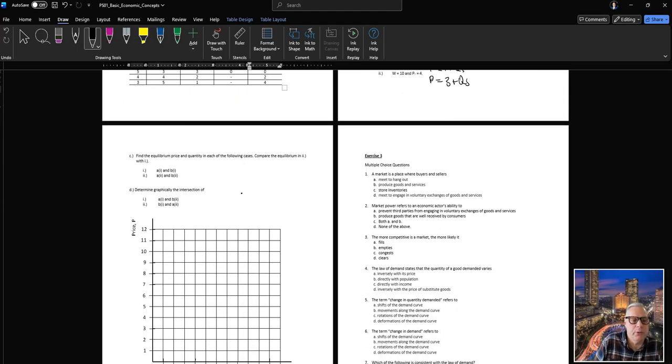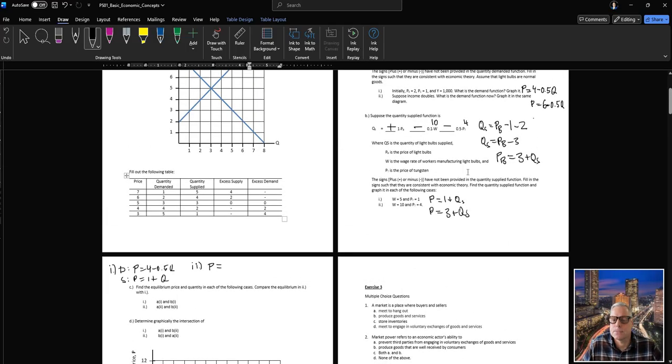So scenario I, a change in demand, was P equals 4 minus 0.5Q, and the supply was P equals 1 plus Q. The second scenario is this, and we had a change in quantity demanded, P equals this.